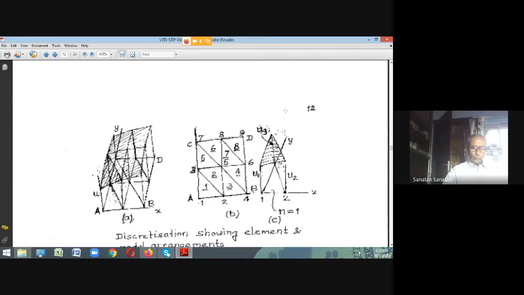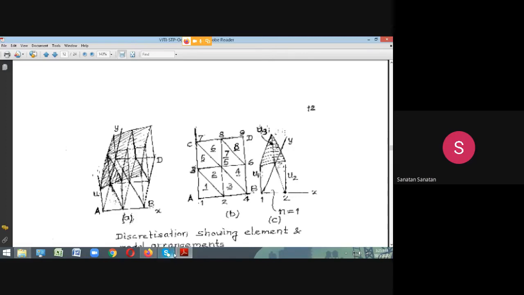And now, if I plot the displacement at every point of this body in the vertical direction, which is indicated here as u, please now concentrate on the figure. I am plotting X in this direction, Y in this direction, and displacement u in the vertical direction. So if I now plot the vertical displacements u at every point of this body ABCD, I get a surface, that hatched surface.